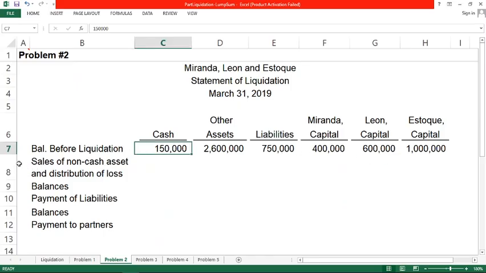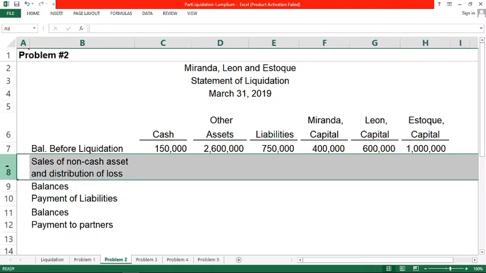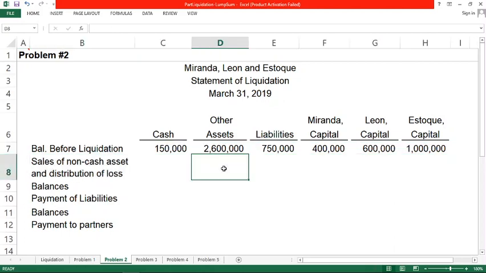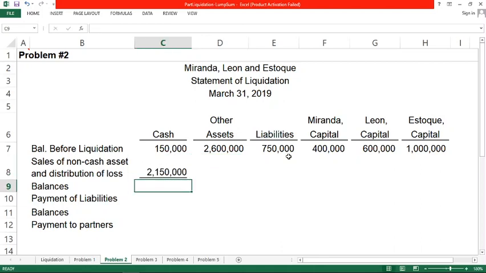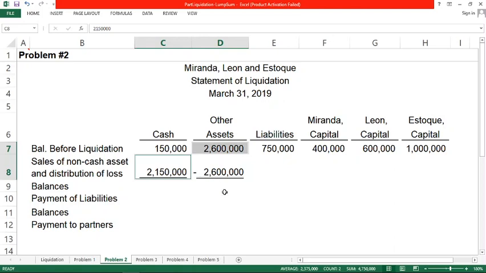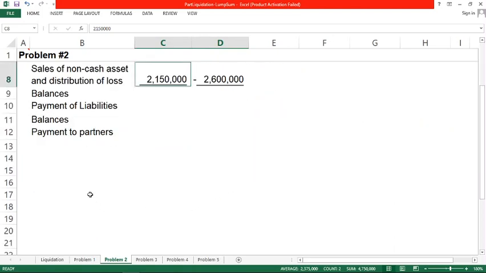So after plotting those balances before liquidation, let us proceed to the information on the sale of other assets. I believe that was 150. We received 2.15 million in exchange of 2,600 other assets. So if you have 2.6 but you only received 2.15, would you believe that there's a loss?